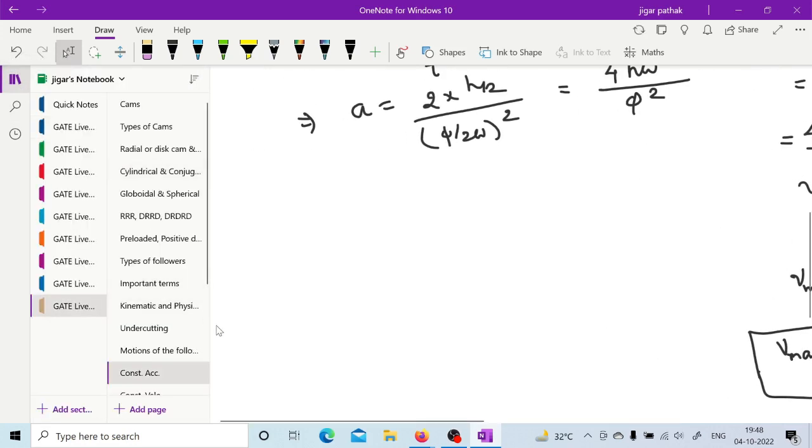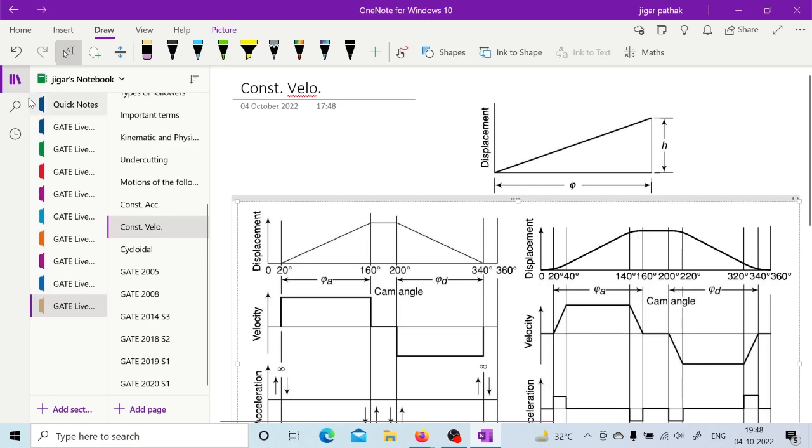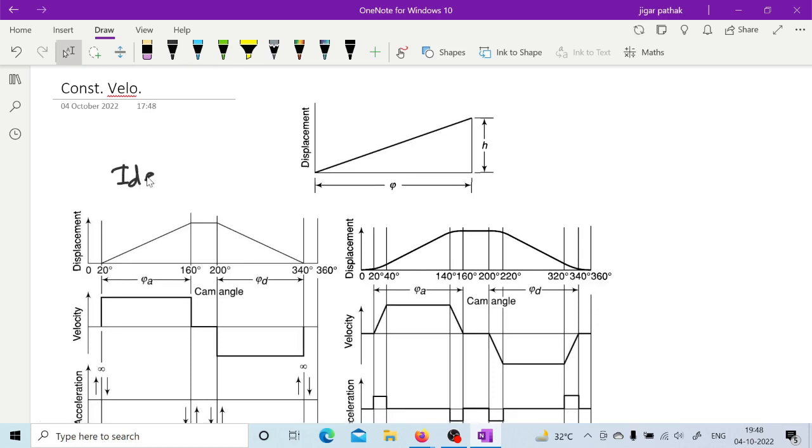Now if we go for the next type of follower motion, that is constant velocity, as we know, it is going to vary linearly according to theta. So this is the simple graph in case of constant velocity. Here the ideal and real plots for this follower motion are given.